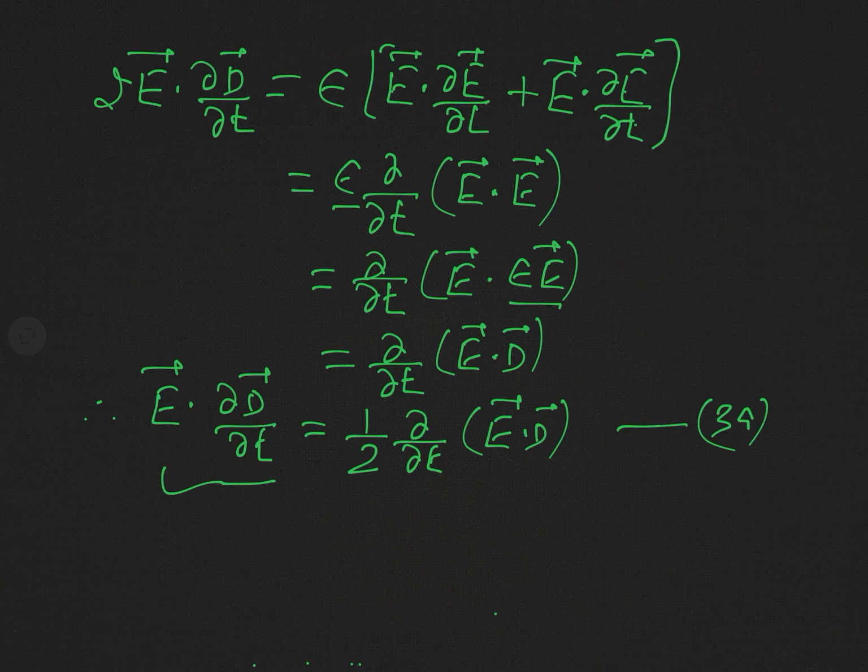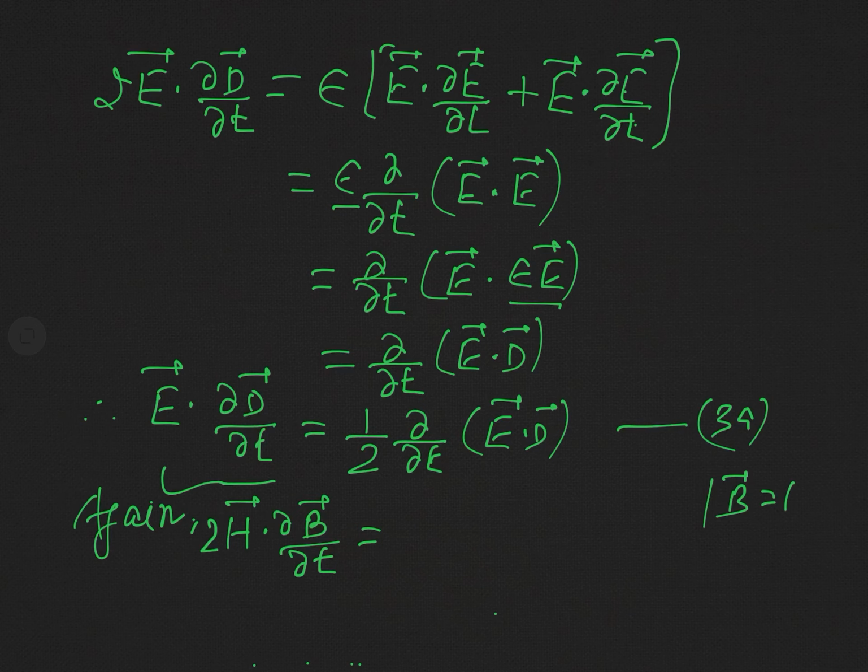And in a similar manner, we will now evaluate the other term H dot del B by del T. So again, you can write it directly on the basis of this result, but I am just giving again the proper calculation. So again, we have to find H dot del B by del T. But again, I am starting with multiplying it by 2.